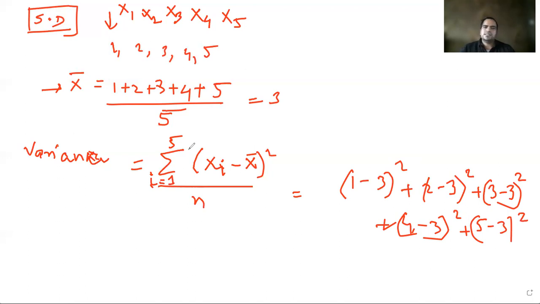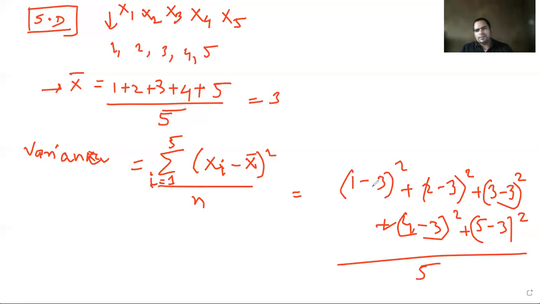This sigma means sum. That's why we are adding up each of them. So what we did is we first find the difference of each quantity from the mean, square it, add, and then divide by the number of data points, which is 5.